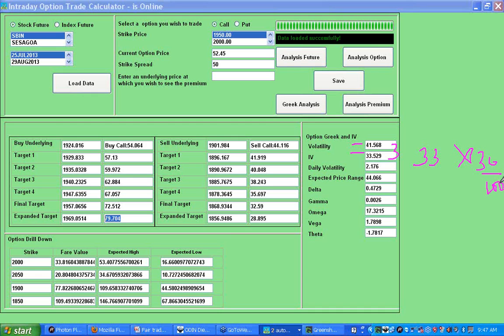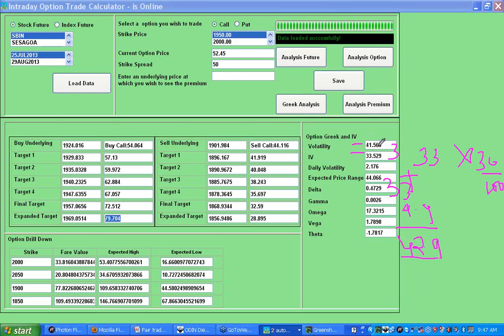This is 30% of 33, added to 33. So it comes to near about 9.9. If I add 9.9 here to 33, I get 42.9. So I am within the range.